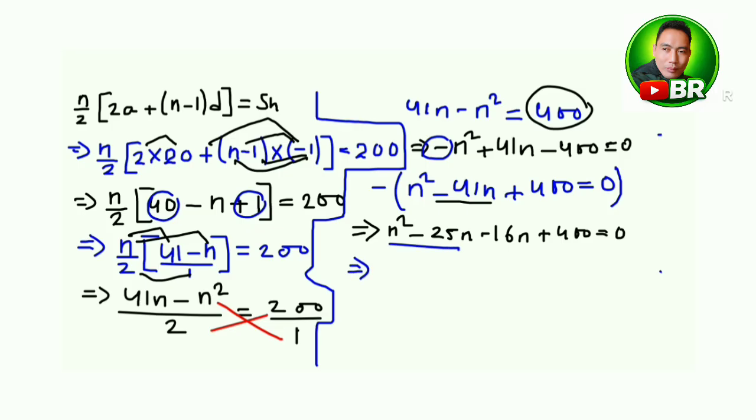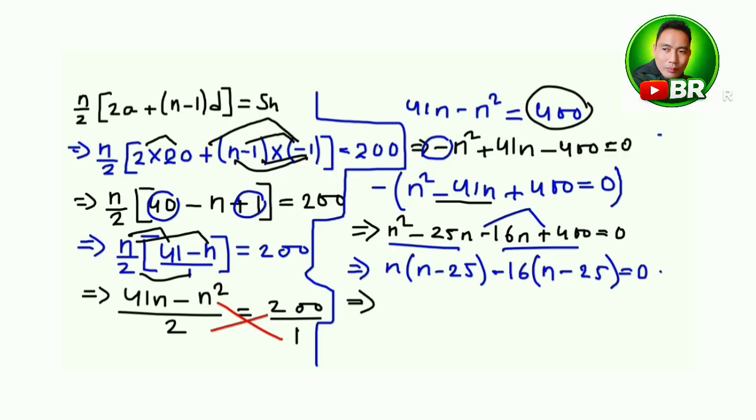From the first pair we take n as common, and n minus 25 remains. From the second pair we take minus 16 as common, and n minus 25 remains, since 16 times 25 is 400. Now n minus 25 is common, and n minus 16 remains, equal to 0.